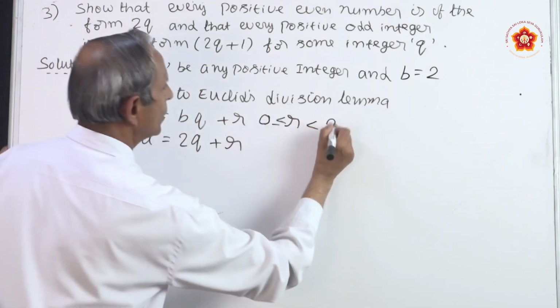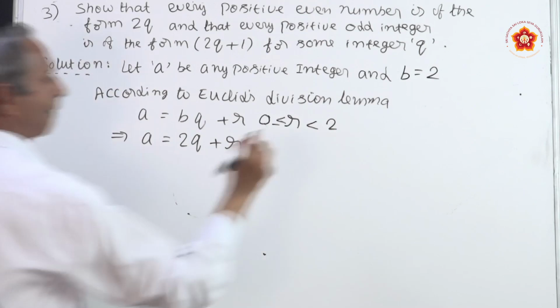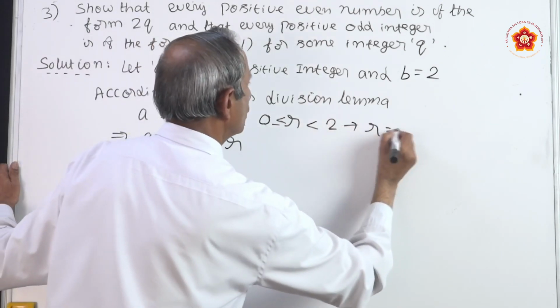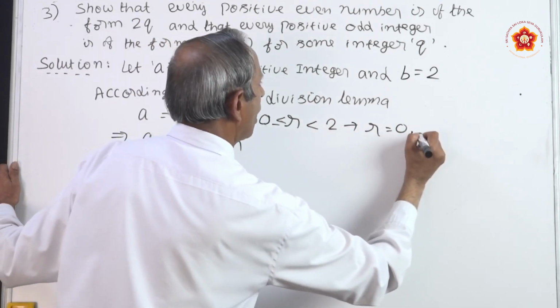Here B value is 2. That implies R may be equal to 0 or R is equal to 1.